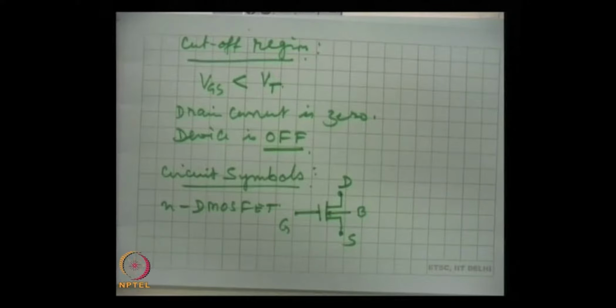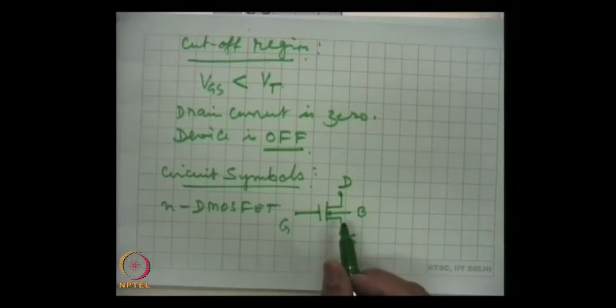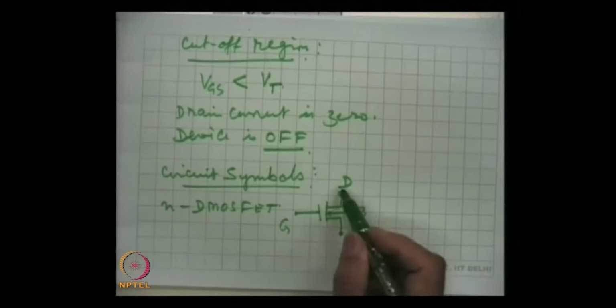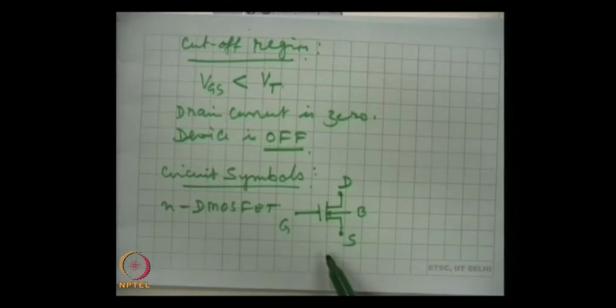Now, in many devices, in fact in most of the devices, the substrate is shorted to the source, and so this is in some devices for some specific purpose which gives the more flexibility of connection, like a device having 4 electrodes: substrate, gate, drain and source, but these are only very few applications for this kind of connections.